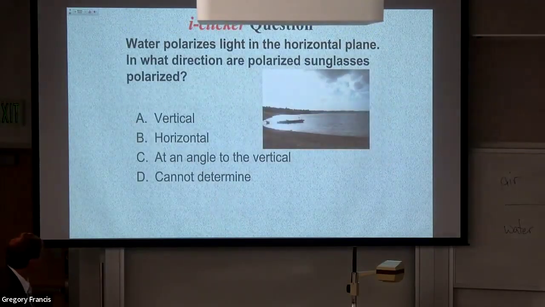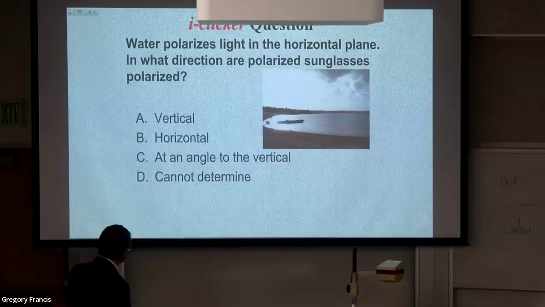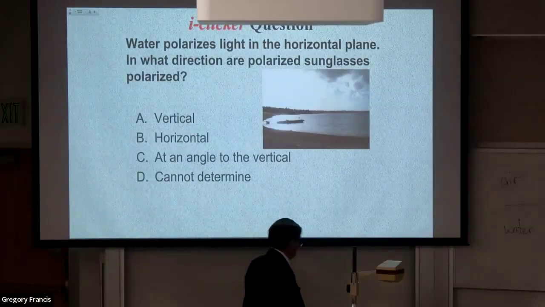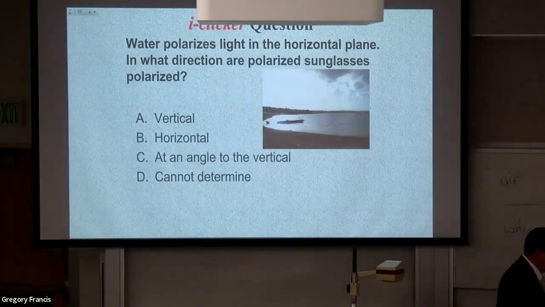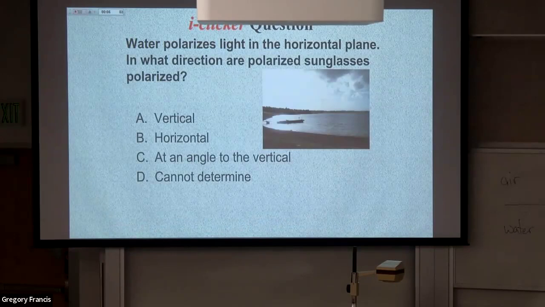Do you want the polarization axis to be vertical, horizontal, or at an angle to the vertical? Or I just don't know. So let's use our clicker again. Again, the whole point is to block the glare that's skipping off the water.